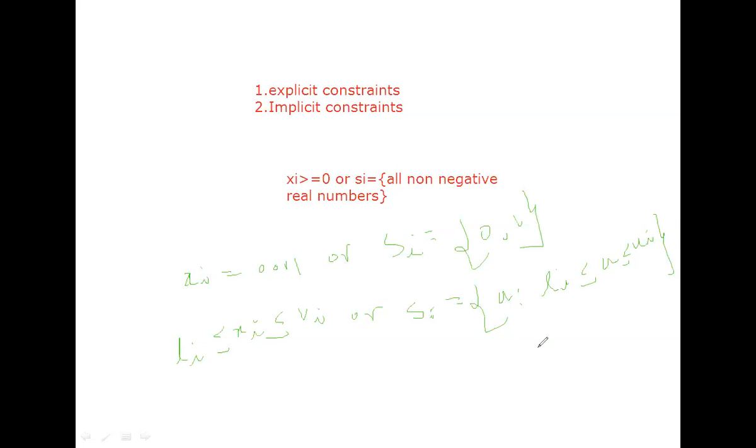Then coming to the implicit constraint. The implicit constraints are rules that determine which tuples in the solution space satisfy the criterion function. For implicit constraints we are using the 4-Queens problem as an example.